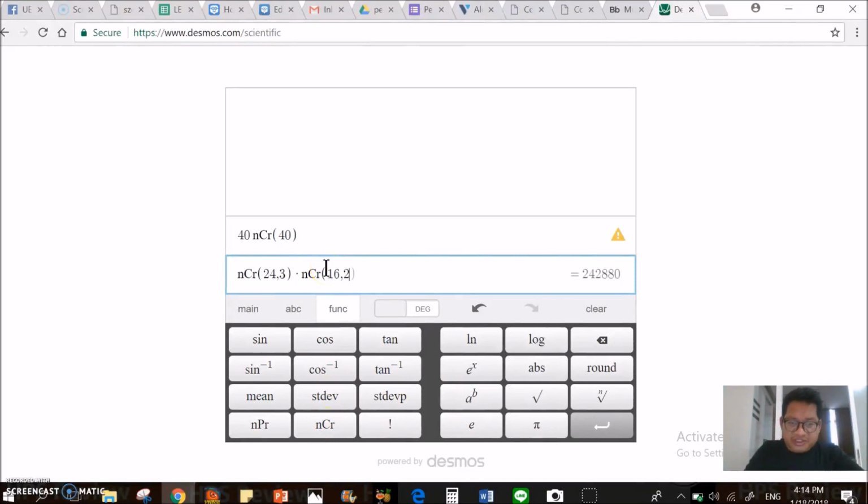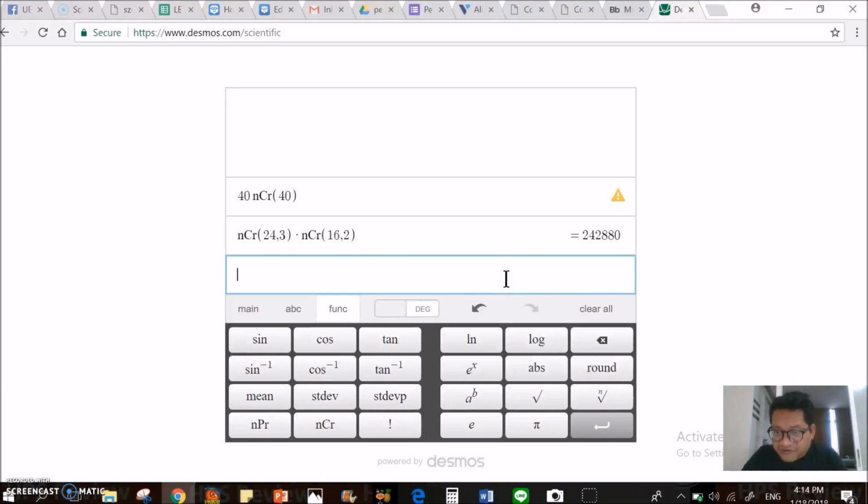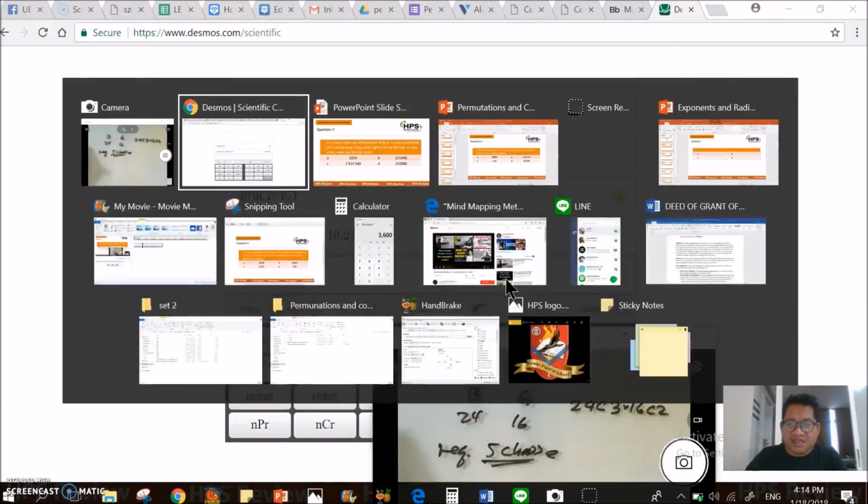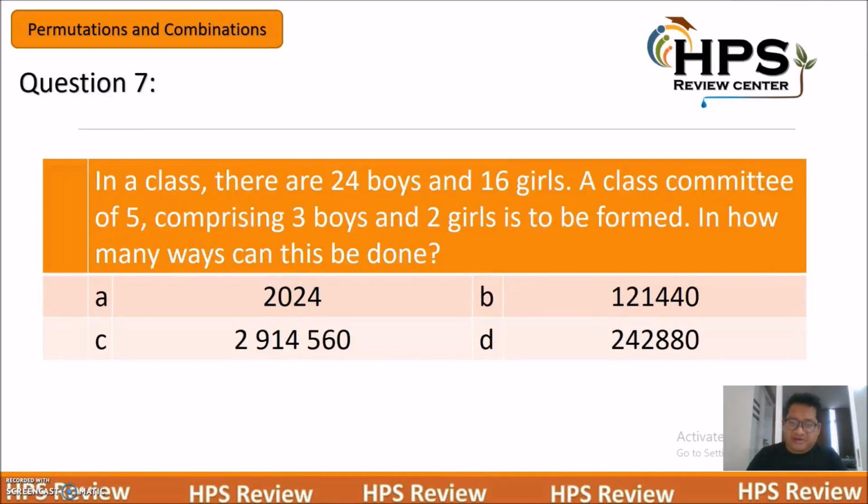Hope that this works because my calculator is not here right now. There you go, it's 242,880. And it's letter D, 242,880. Well done.